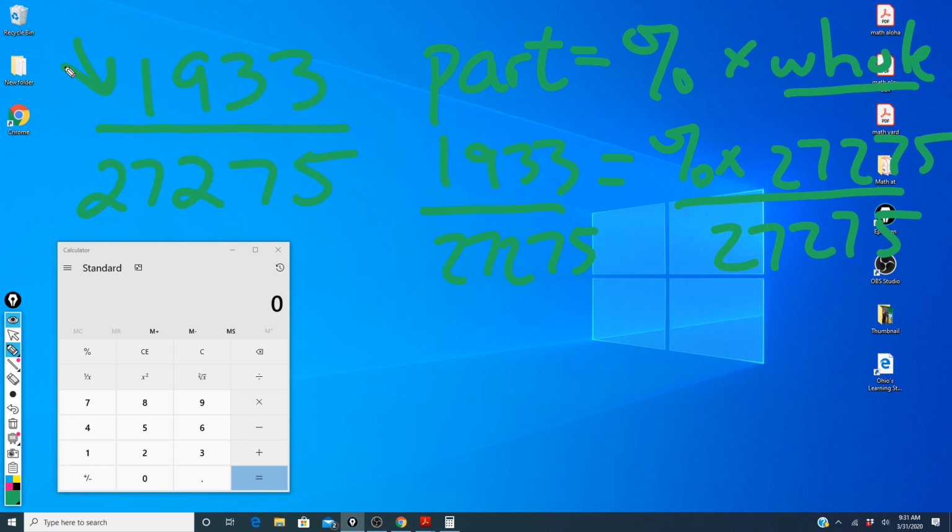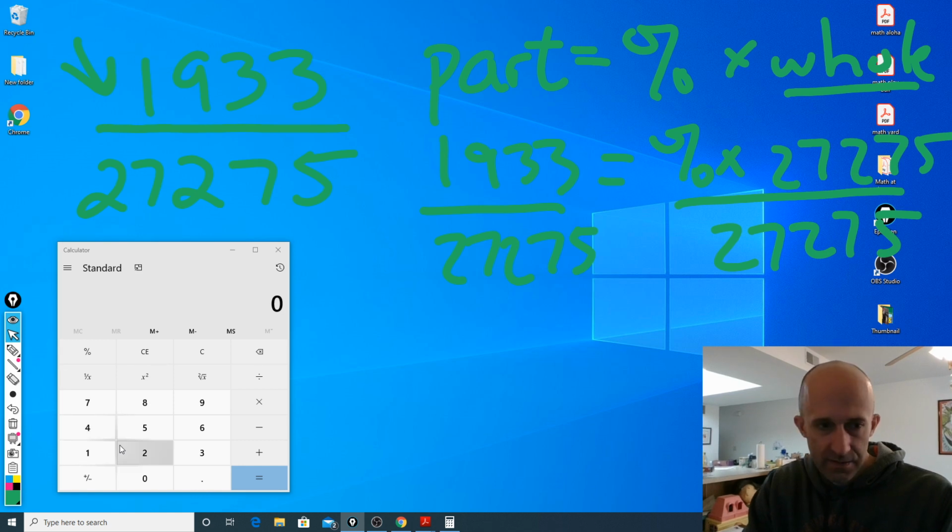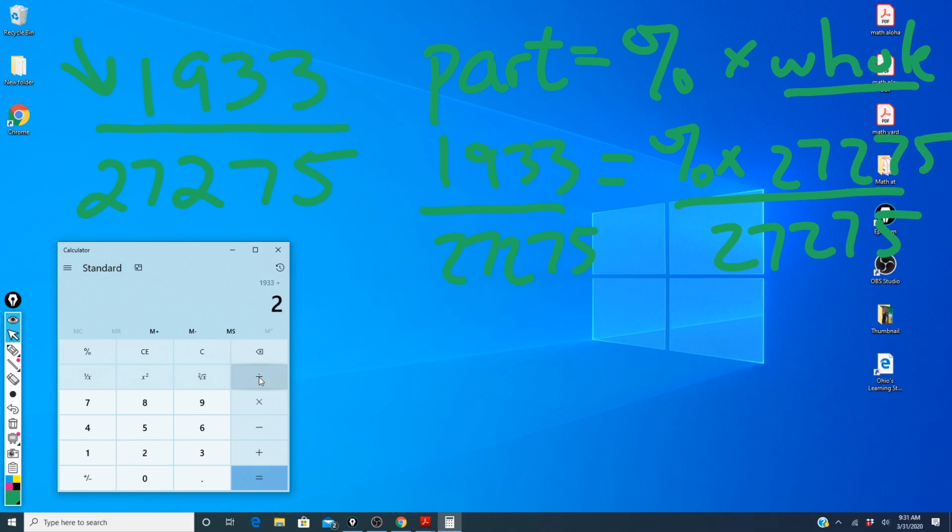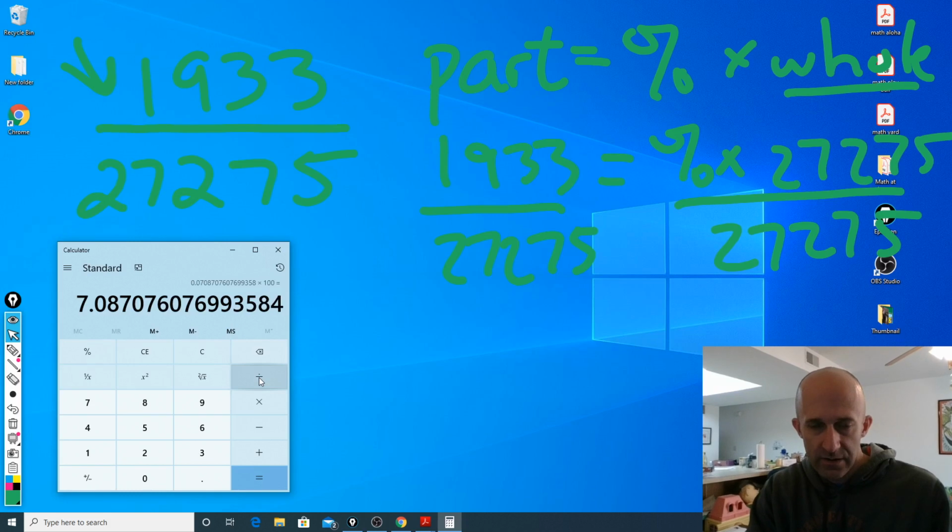It's just like you would do in any of the classes. You change your fraction to a percent. First of all, you have to do the division: type 1933 divided by 27,275 and it's going to give you that amount. Remember, when you change your decimal to a percent, you have to multiply by 100.